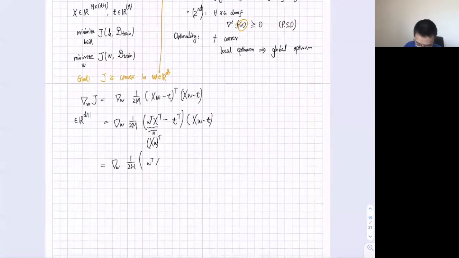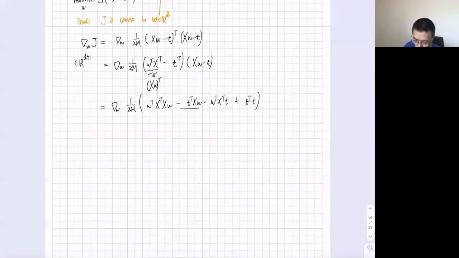So it's W transpose X transpose XW minus T transpose XW minus W transpose X transpose T plus T transpose T. And you observe these two terms are the same because each gives you a scalar. If you take the transpose of a scalar, you get the same thing. So if I take the transpose, it gives me W transpose X transpose T. Okay, it's exactly the same thing.